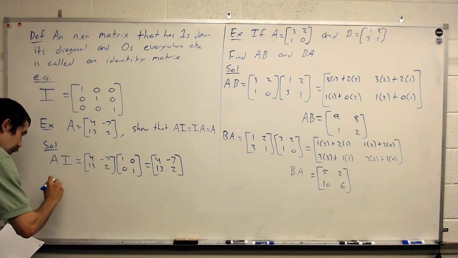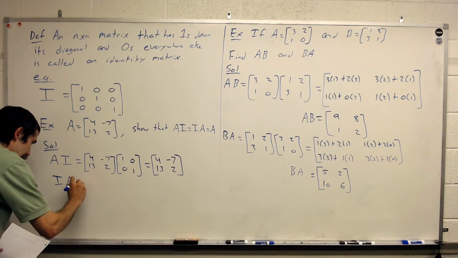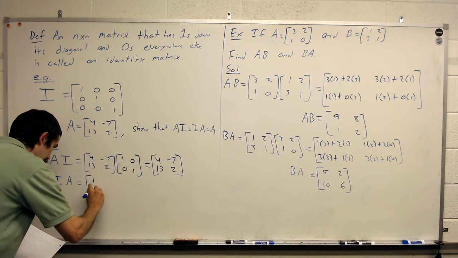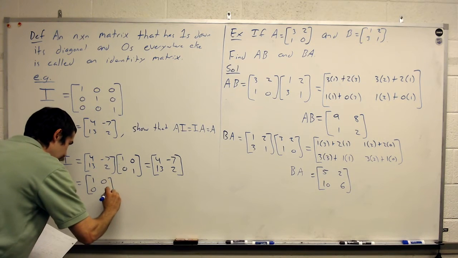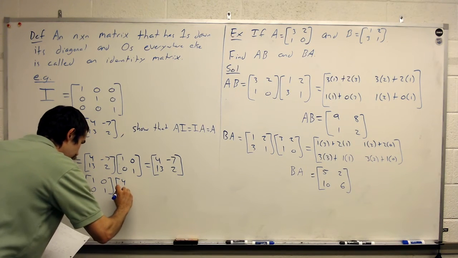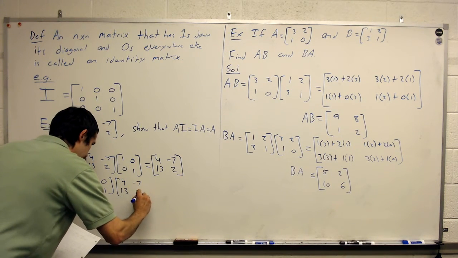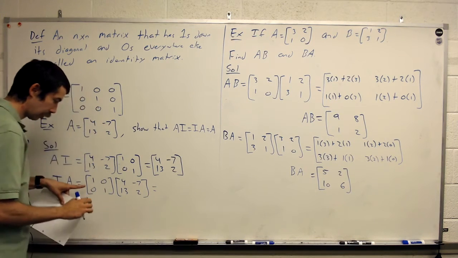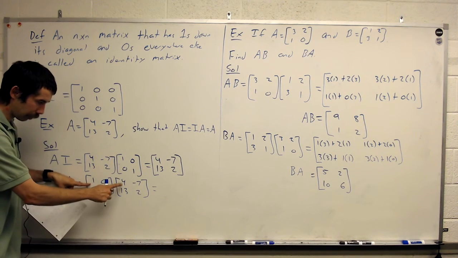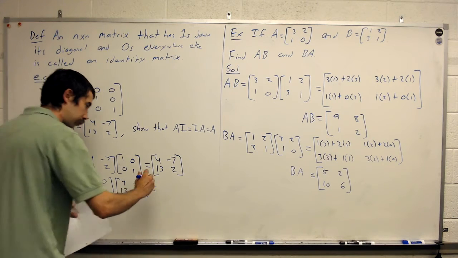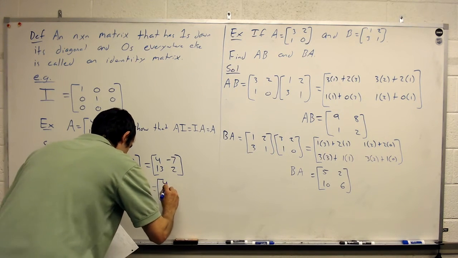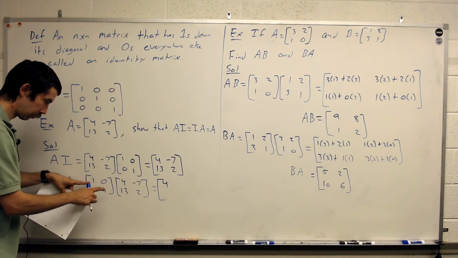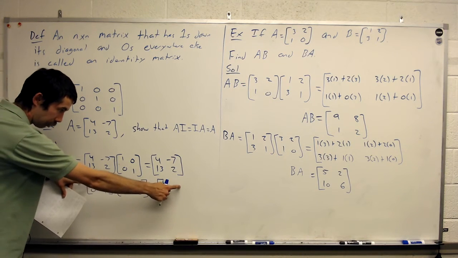All right, now let's do I times A. I, again, is the identity matrix. A is the matrix that was given to us. Across the row, down the column, 4 plus 0. I'll do this entry next.